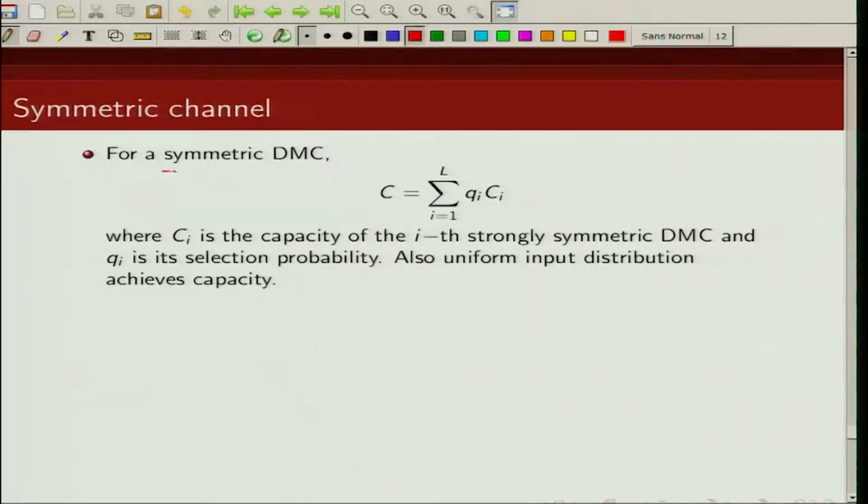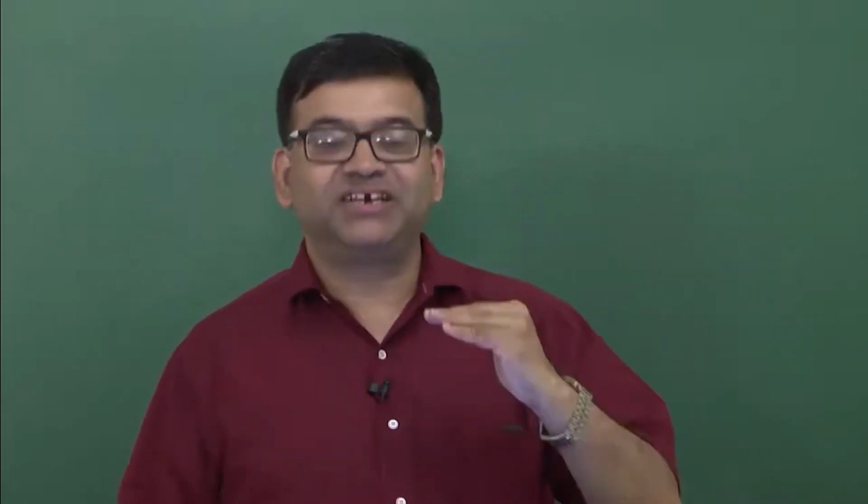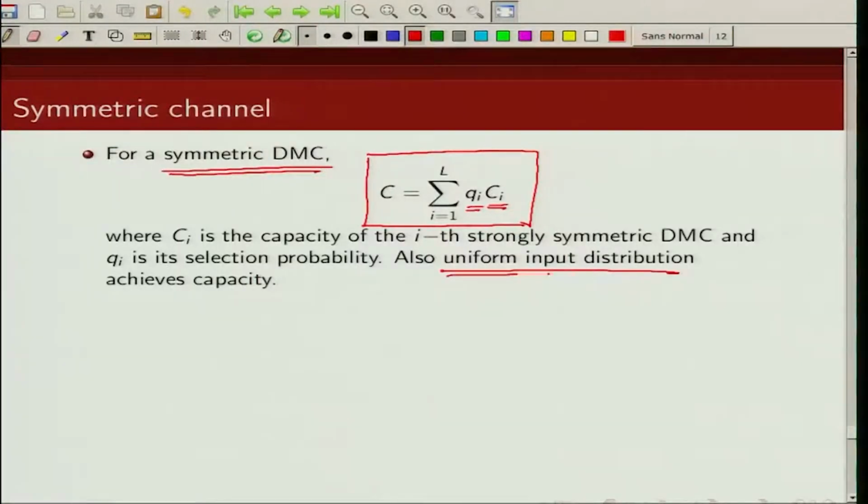So for a symmetric discrete memoryless channel, the capacity is given by this expression, which is the sum over all L such channels of the capacity of these individual discrete memoryless channels multiplied by their selection probability. And it is the uniform input distribution that will achieve capacity.